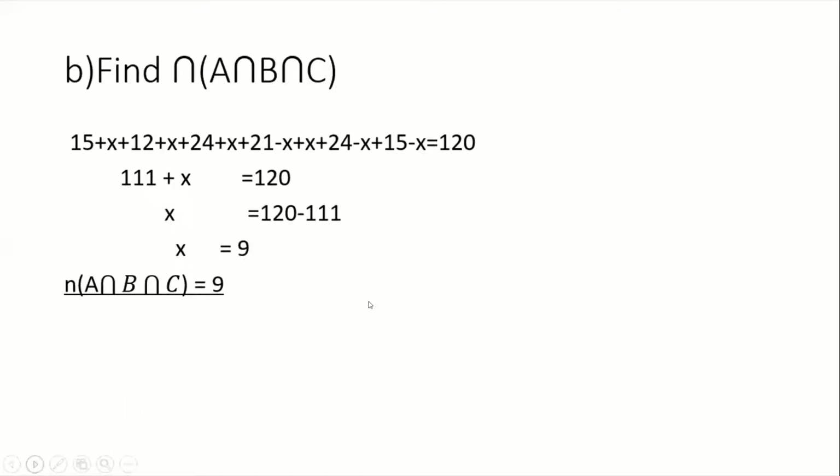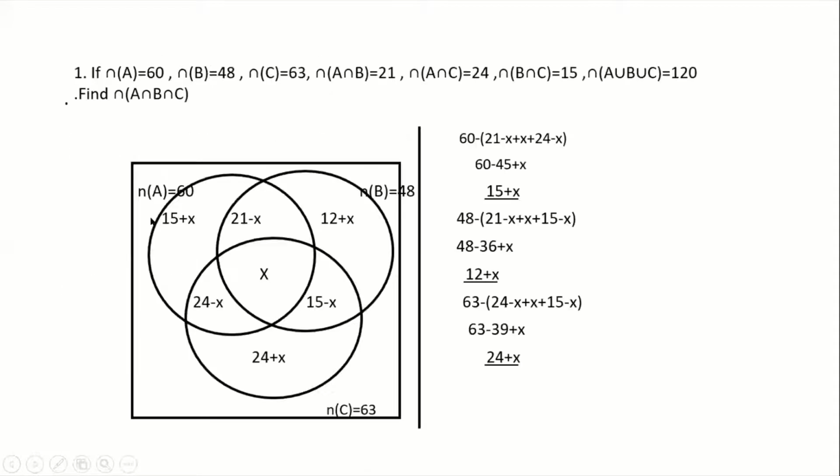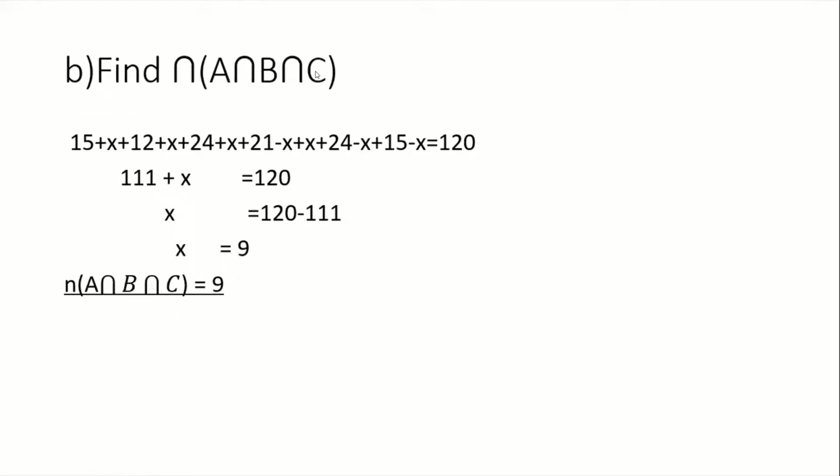So we are going ahead to find our x. If we are to find x, since we have our universal set as 120, we shall add up everything in our Venn diagram.